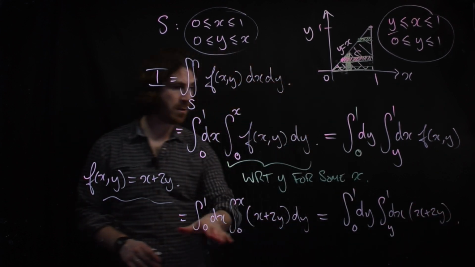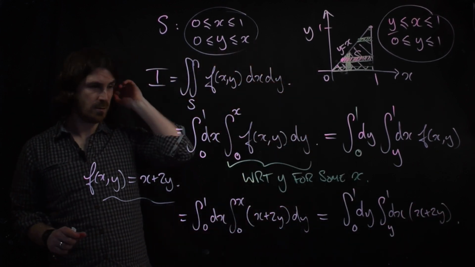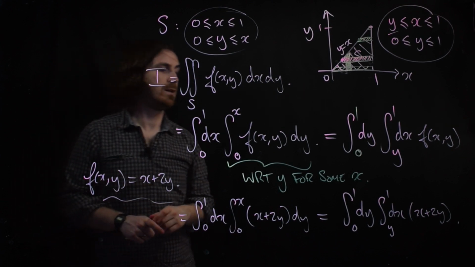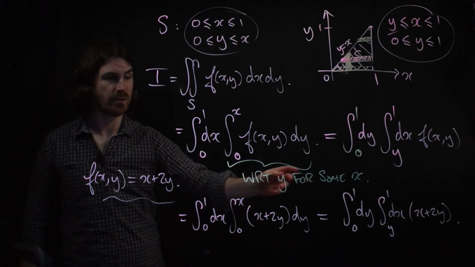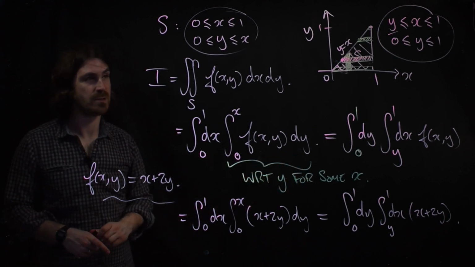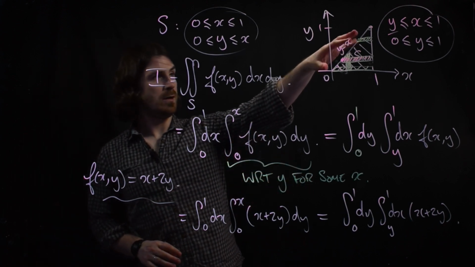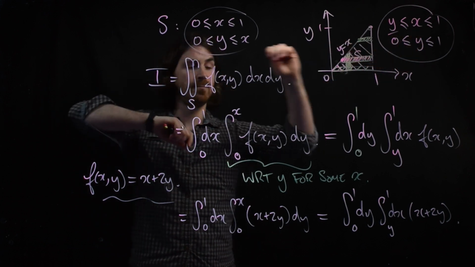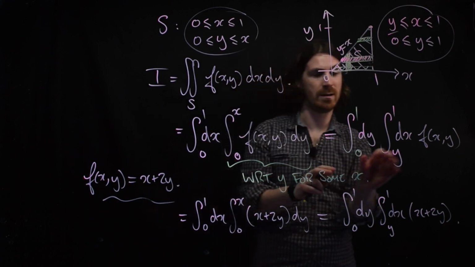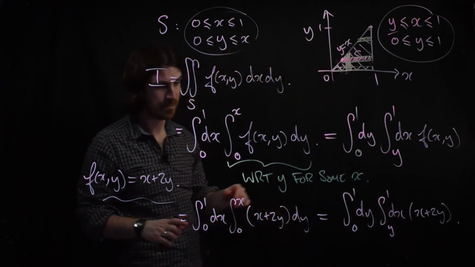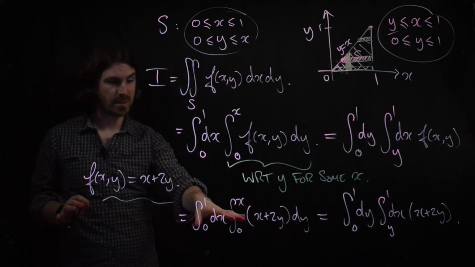You'll find that one will be more straightforward than the other. This generally happens when you've got different limits. In some cases, one order is easier to calculate than the other, but they should give the same result. So I'll leave this as an exercise for you.